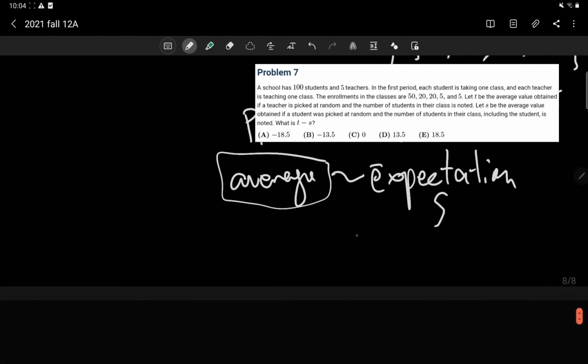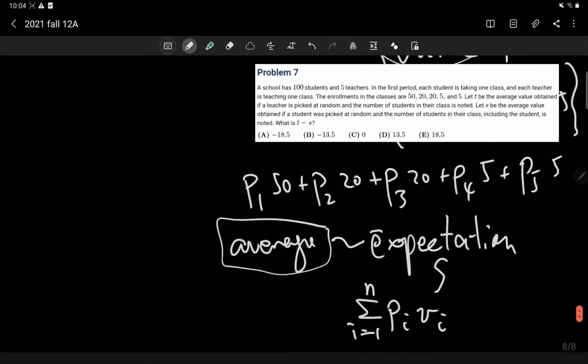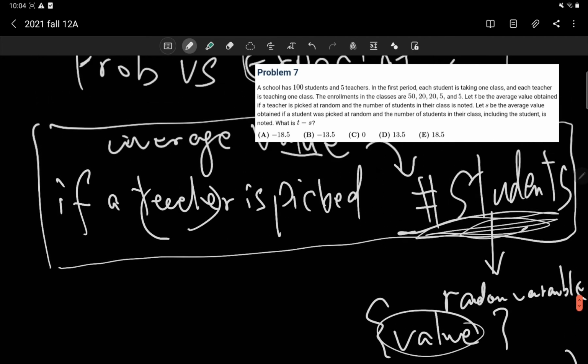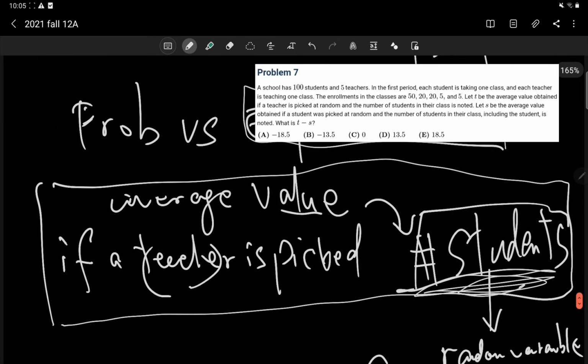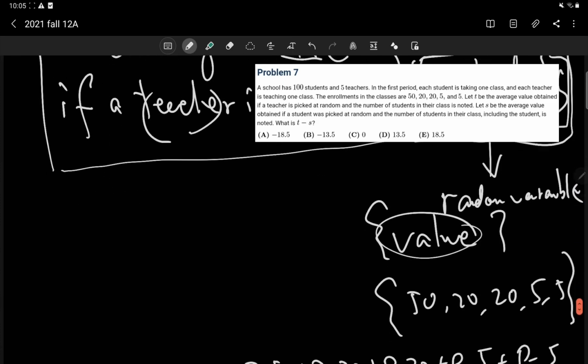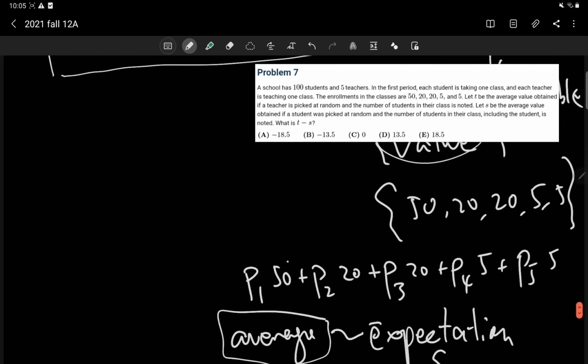It is the sum from i equals 1 to n of the probability of i times the value of the random variable, right? But what is our variable? The variable is actually the number of students, right? So we know that the values must be 50, 20, 20, and 5, 5. And they will be multiplied by probability.